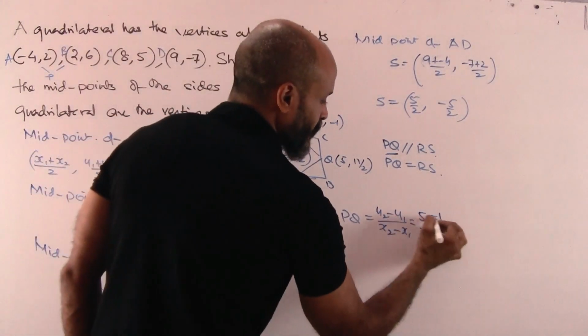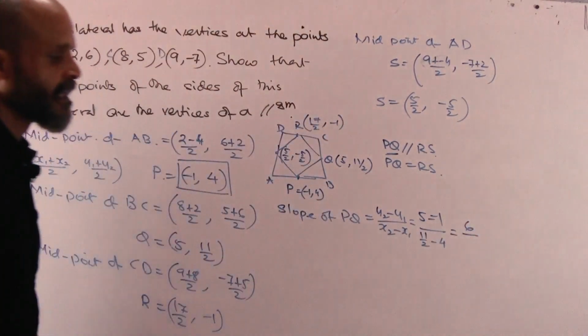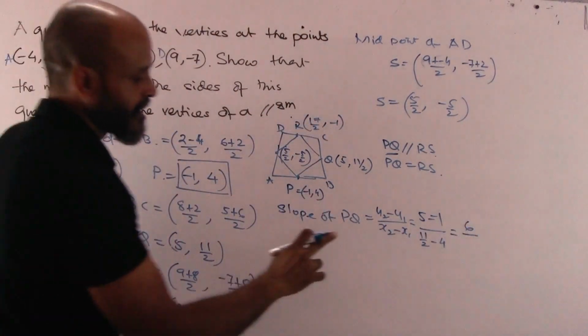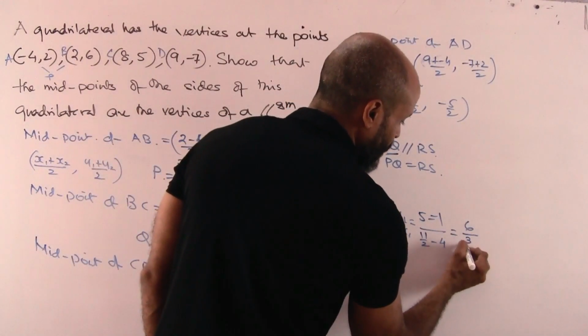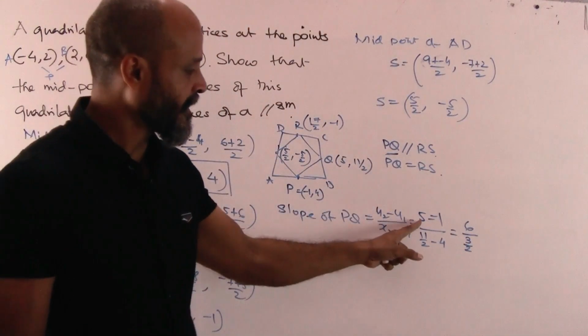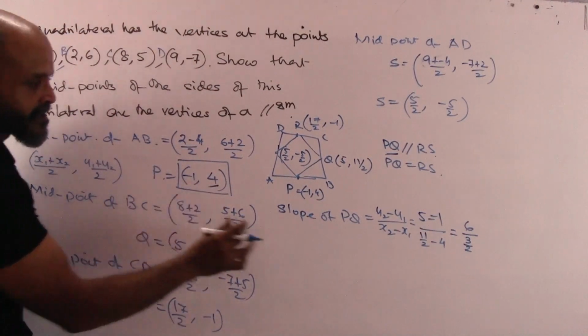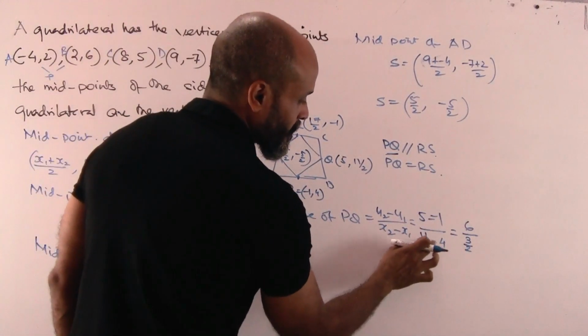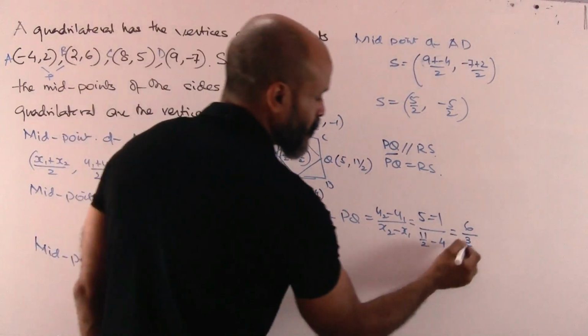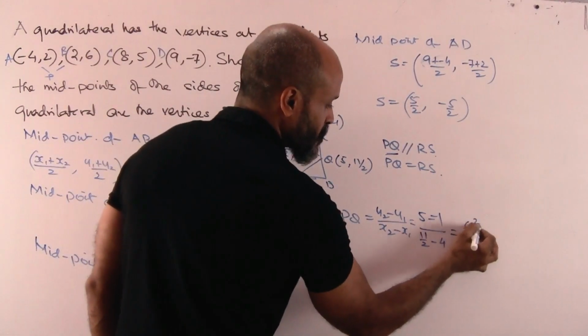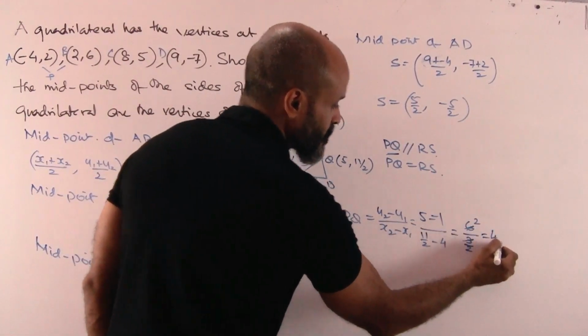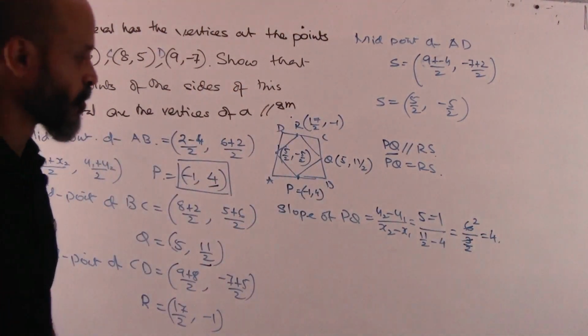Okay, so what do we get here? 5 plus 1, that is 6. 11 by 2 minus 4, that is 11 minus 8, that is 3 by 2, right? So here 3 2s are 6 and this 2 goes up, so this is basically 4.